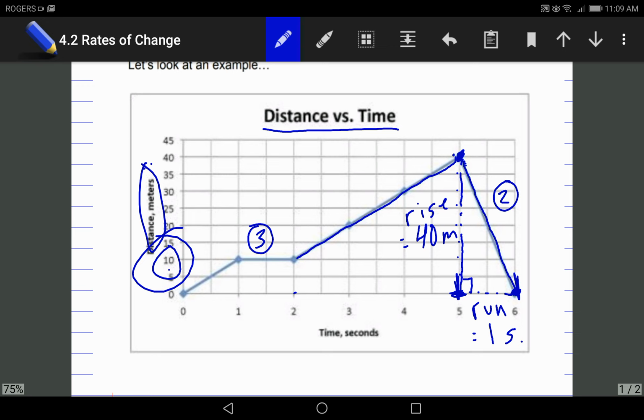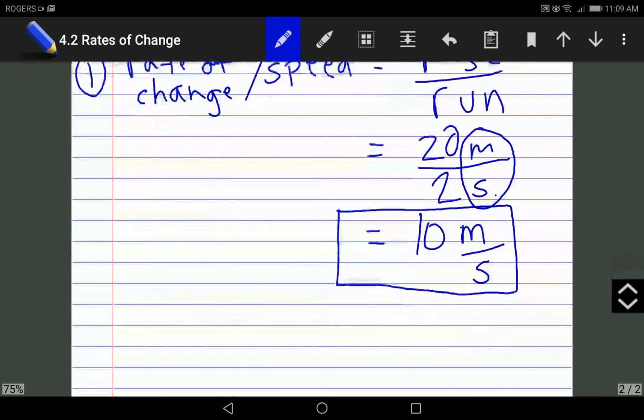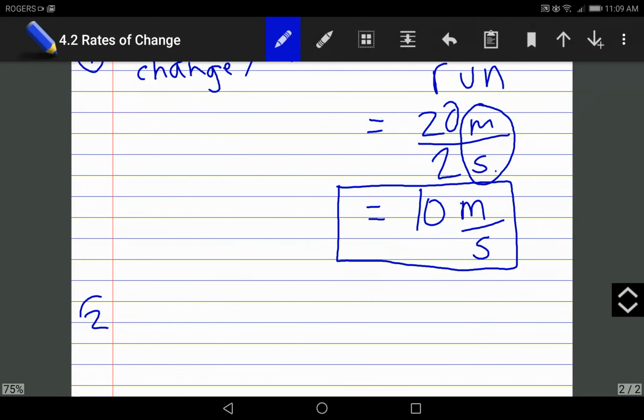All right, so our next step now is to do the rise divided by the run. So I'm going to do down here for line 2, my speed or my rate of change. It's a little sloppy, I'll make that better.